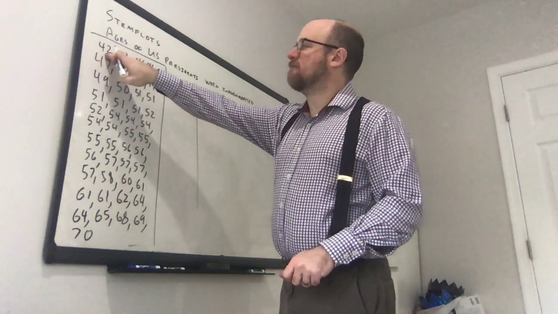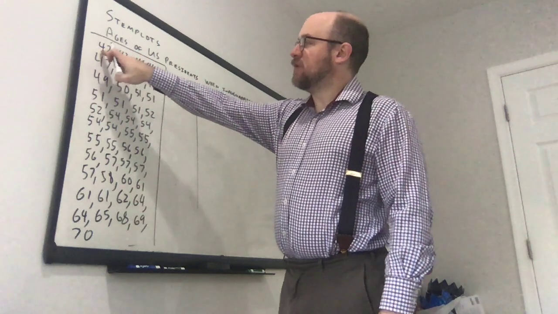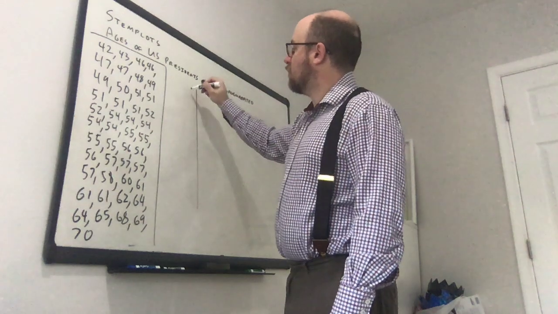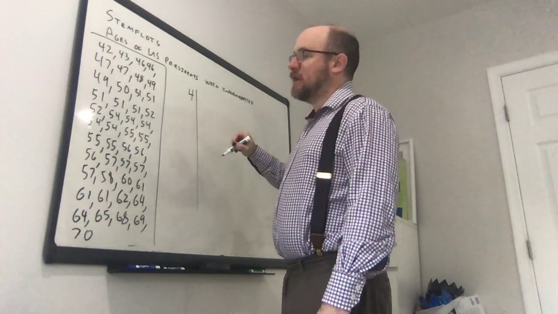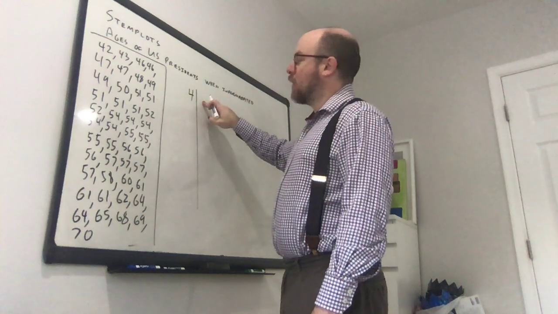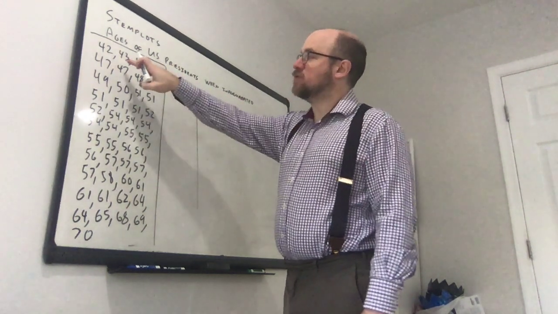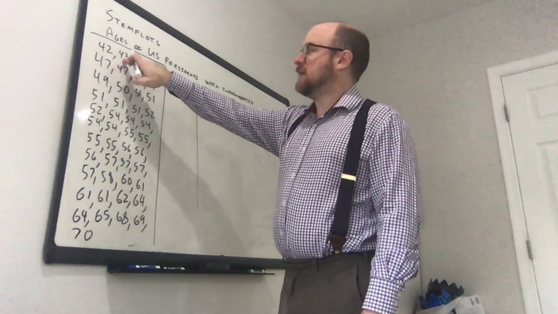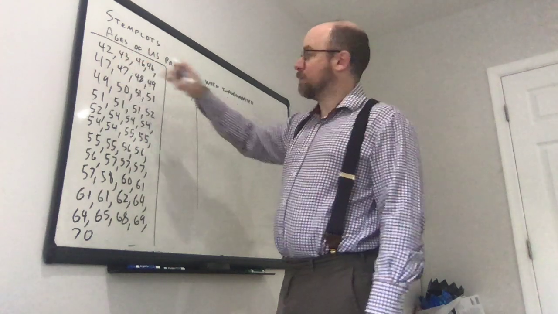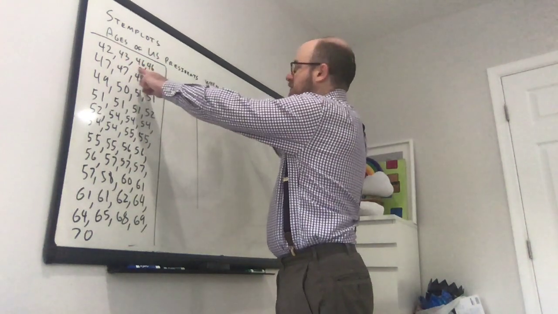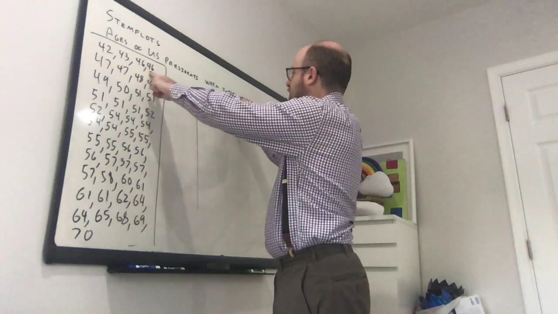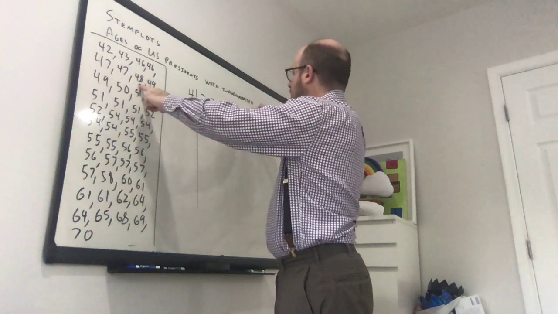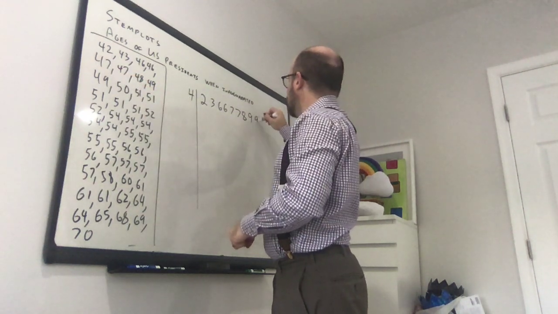For example, the number 42. If we take 42, the last digit, 2, is the leaf, and the 4 is the stem. We're going to put a 4 over here for our stem, and then write out all the different leaves associated with that stem in different numbers. So 2 is one of them, but 3 is also associated to that same stem of 4. 6 appears twice, 7 appears twice, 8 and 9 twice.